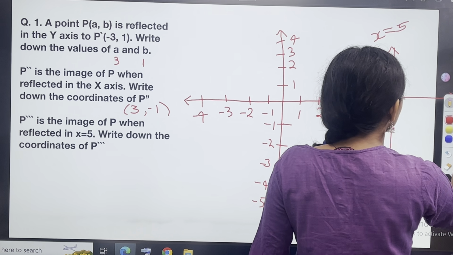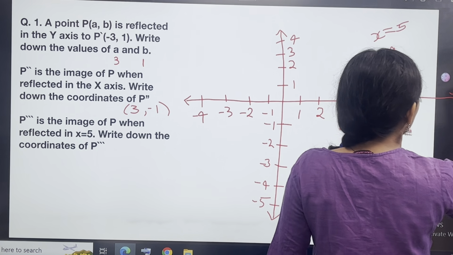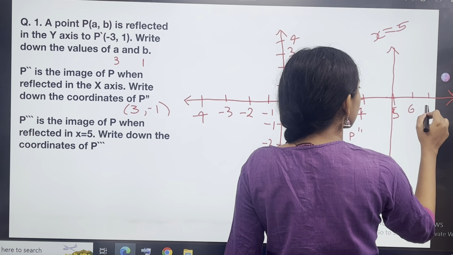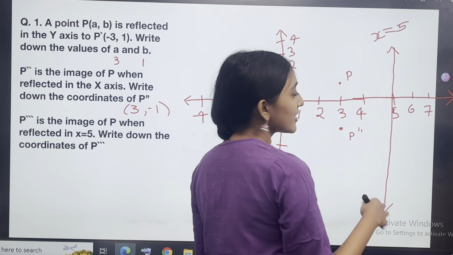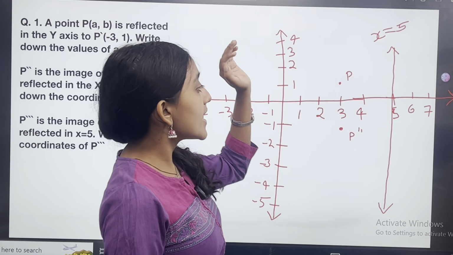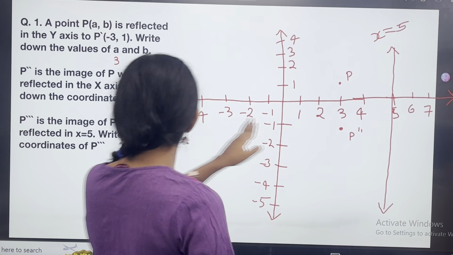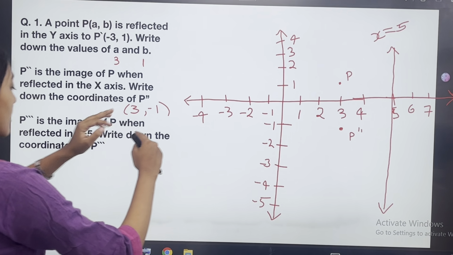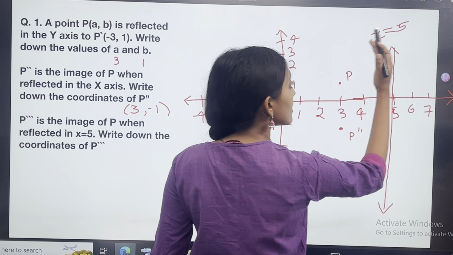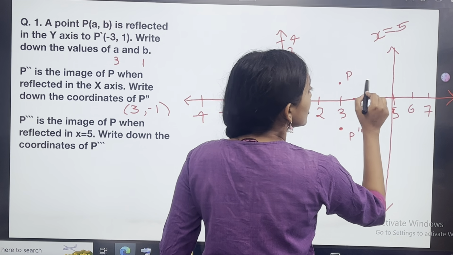And then this is 5, this is 6, this is 7. Okay, I'm just doing it so that it fits into the board. So we know that we have to reflect P along x is equal to 5. What is the distance from the mirror x is equal to 5 to P? 2, right?